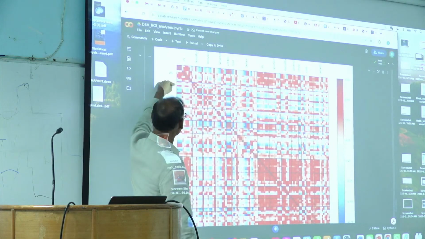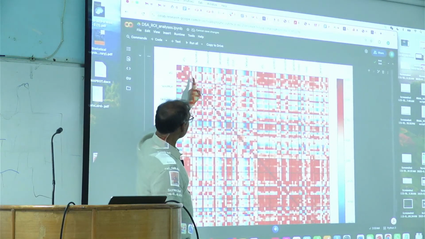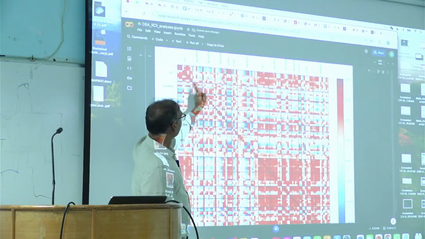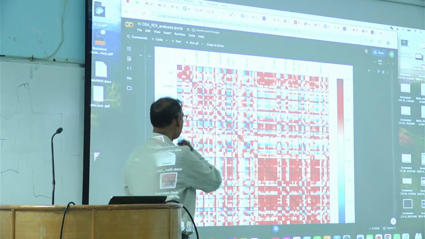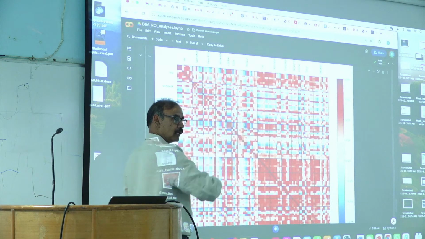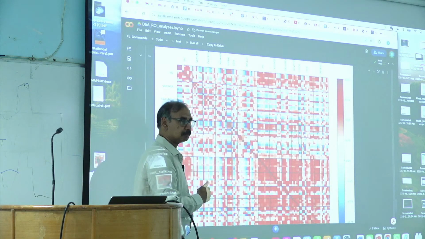This is the left motor cortex with all these regions of vision, somatomotor, dorsal attention, and so on. So the seed-based analysis represents a single line or a single column of this correlation matrix.